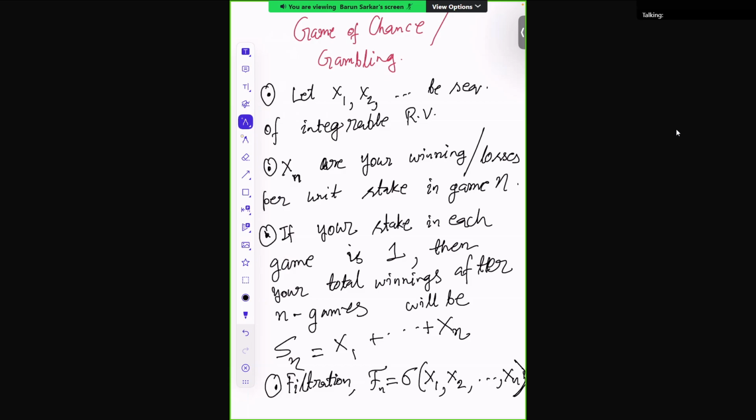you will now have a weighted sum. So instead of X1, X2, you have alpha 1 portion of X1, alpha 2 portion of X2, and alpha n portion of Xn.